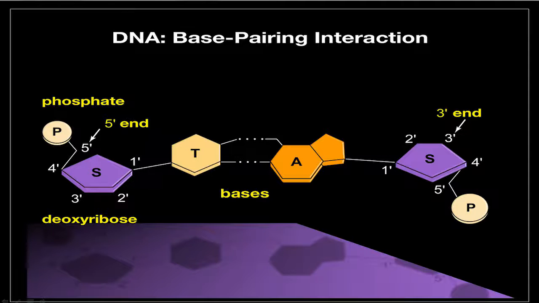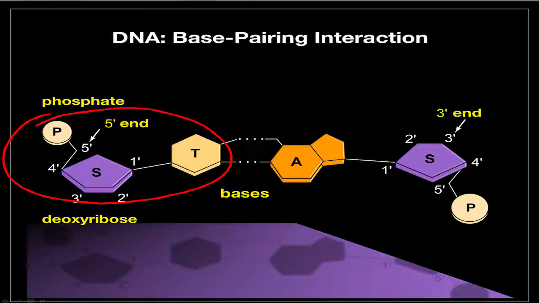So let's take a look at one. This is sort of an isolated, out of context thing, but think of this as here's one nucleotide, right? In this case, it's a base that's a T here, a thymidine. Notice that it's attached to the 1' carbon of the sugar. Now, over here we see the idea of the anti-parallelism.